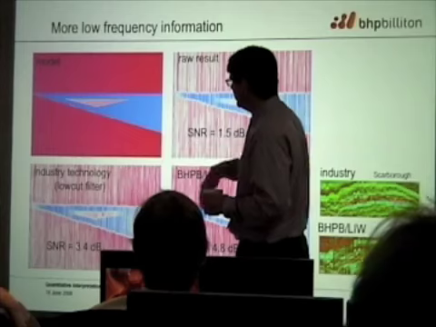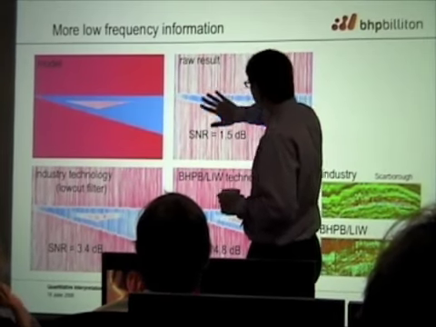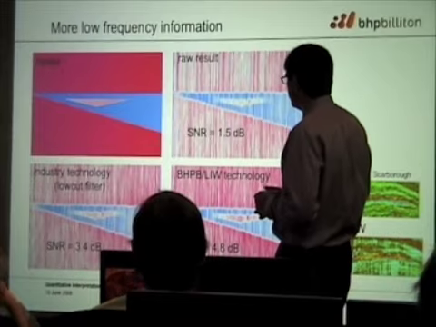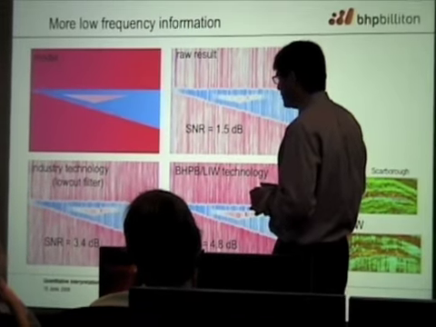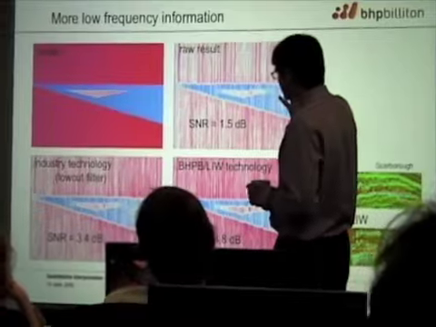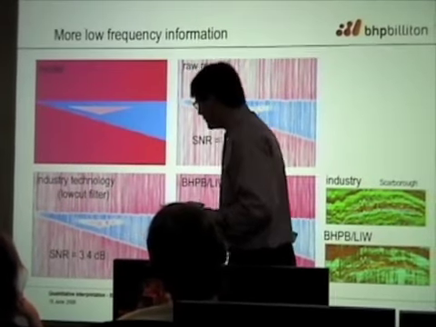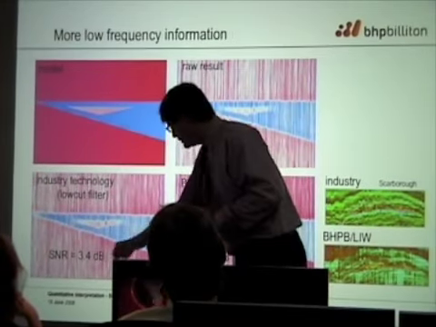Here is the model that we were talking about before. Here is a raw result that comes out of a sparse spike inversion. After you use a standard low-cut filter, you end up matching the well better, and the signal-to-noise level increases.